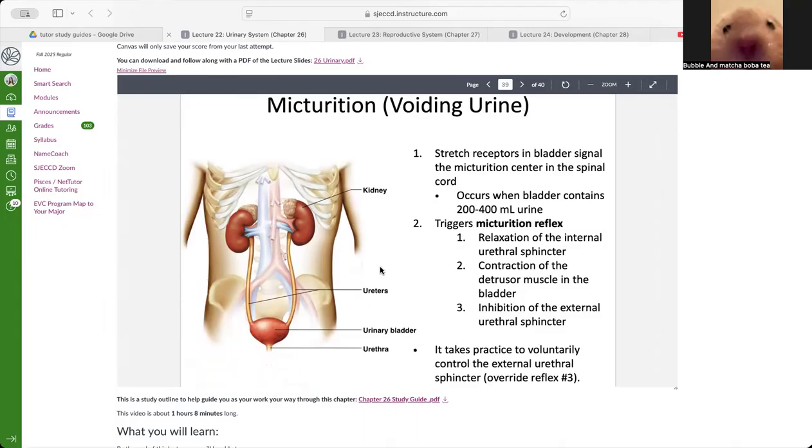It relaxes the internal urethral sphincter, which allows the urine to enter the urethra, contracts the detrusor muscle in the bladder, and inhibits the external urethral sphincter. It takes practice to voluntarily control the external urethral sphincter. So what happens is there's a lot of pee in here. It triggers the micturition reflex, which relaxes the internal sphincter, contracts the detrusor, and inhibits the external.